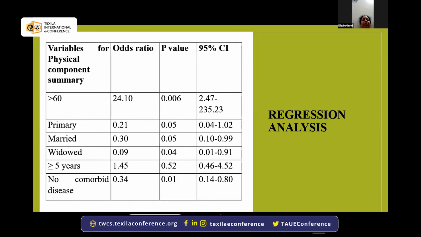If your diabetes was less than 5 years and you had no comorbid diseases, you had better quality of life compared to people who had comorbidities and a longer duration of diabetes.